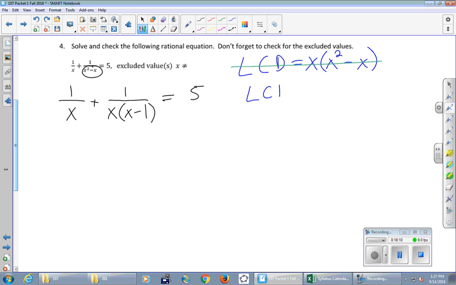Okay, now we're going to write the actual lowest common denominator. What is it? X minus 1 for sure is in the lowest common denominator. X for sure is in the lowest common denominator. Question is, do I need the other x? Like, I've got this x, I've got this x minus 1.